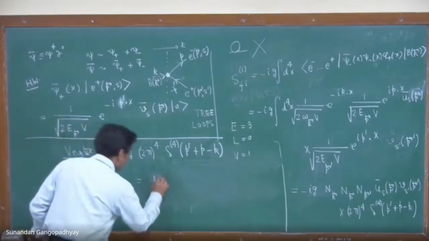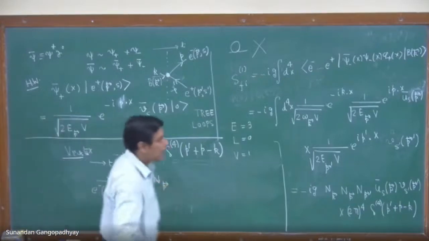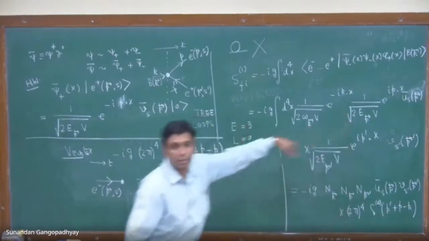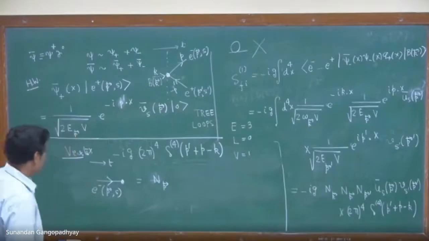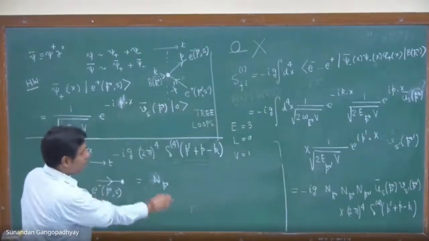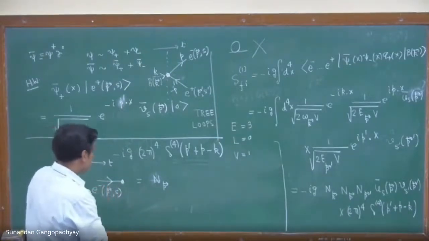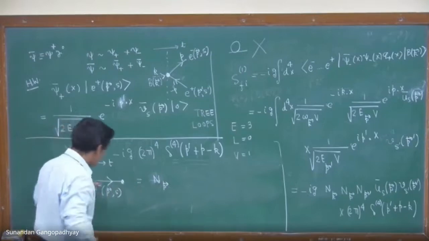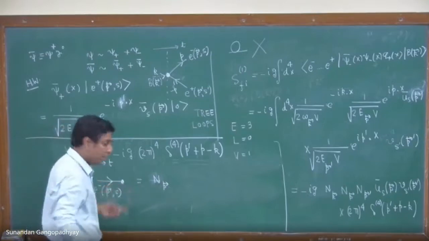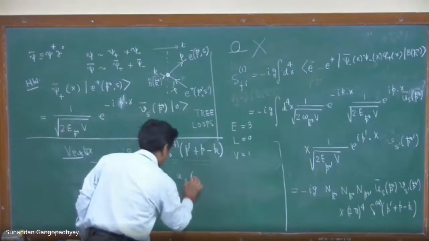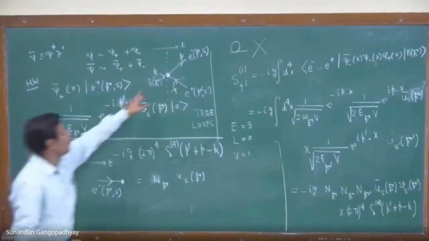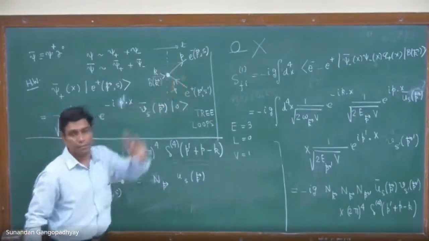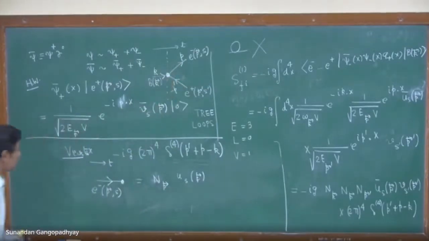So we will have a factor of N_p. What is capital N_p? N_p is that factor, 1 by square root of 2 E_p V. Then we will have the spinor. Since it is an electron coming and annihilating at this point, this is the rule for the external line. So this is electron annihilation, u_s(p).